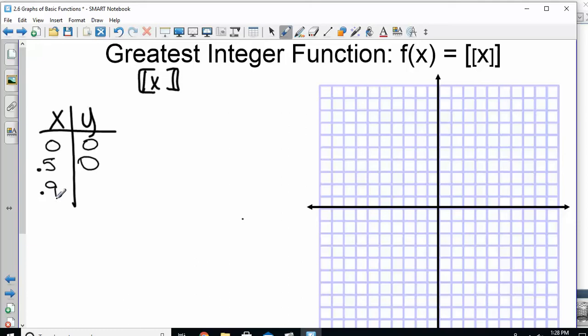That falls between 0 and 1, still getting out 0, because I can't get anything bigger than what I put in. If I put in a 1, though, what do we get out? We get out 1. Okay. I'm going to maybe count by halves on my graph so I can show this a little better.